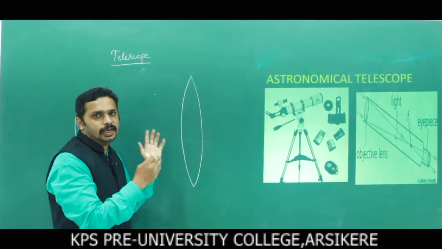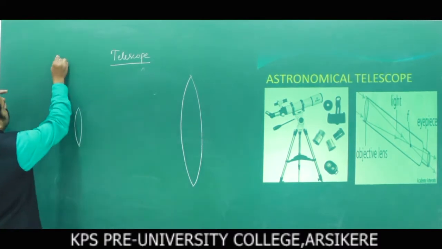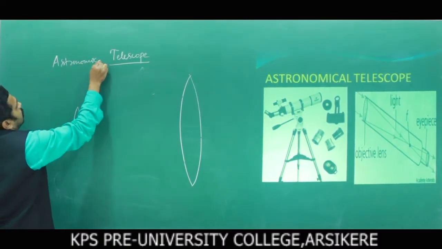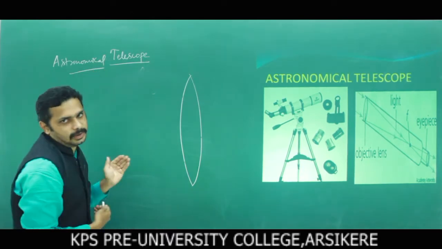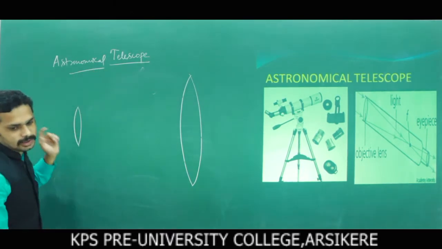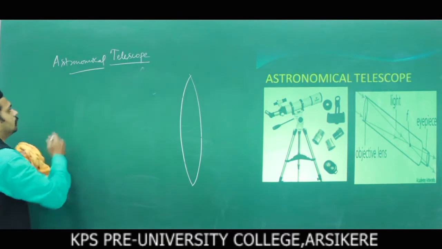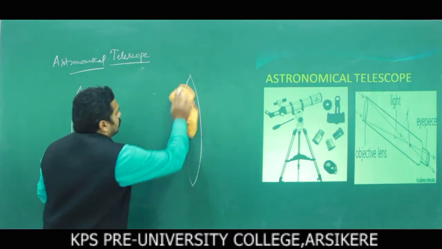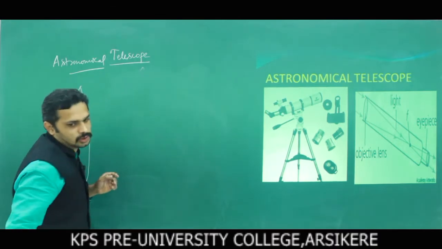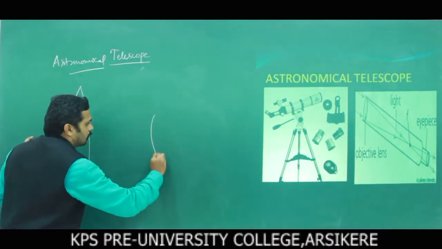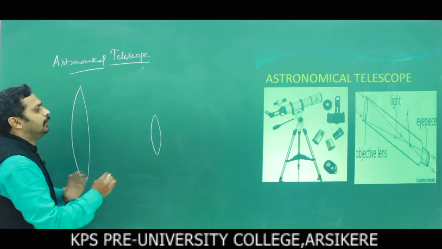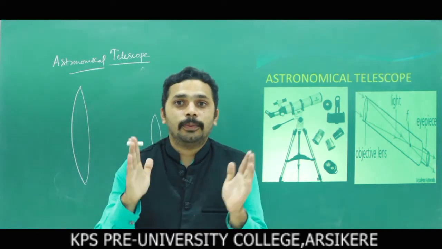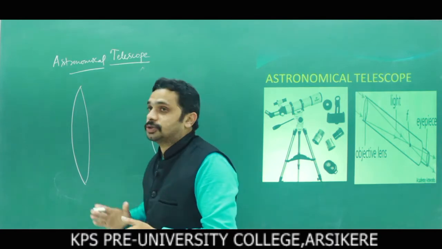But here in the astronomical telescope we are reversing: for the objective lens we use a large aperture lens, and for the eyepiece lens a shorter one. This is the main difference between the compound microscope and the astronomical telescope.